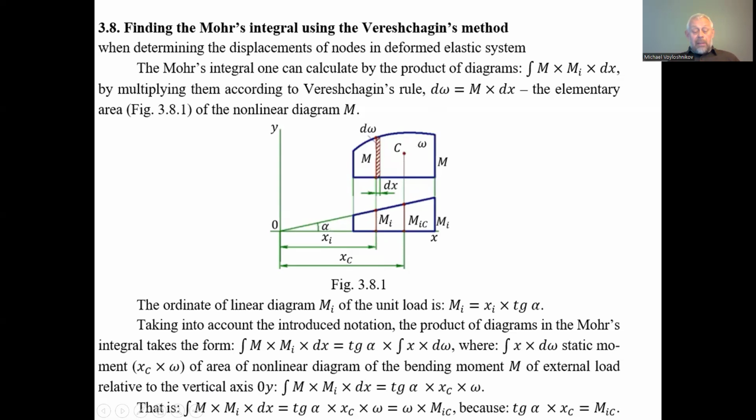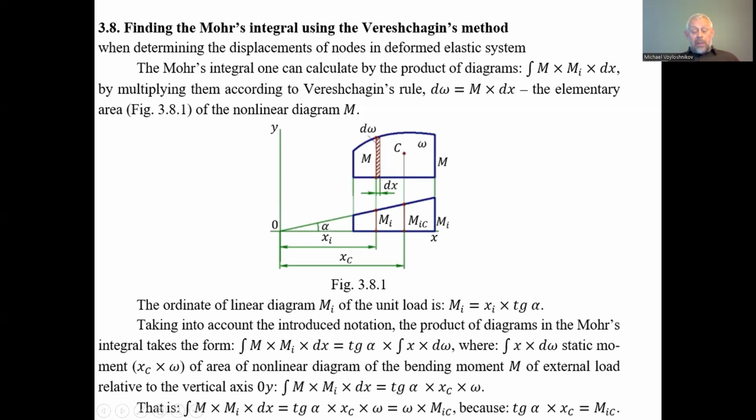This ordinate, tangent alpha multiplied by xc, corresponds to the bending moment magnitude at the point where the diagram of the bending moment under the action of the external force has its center, the geometric center, the same one.